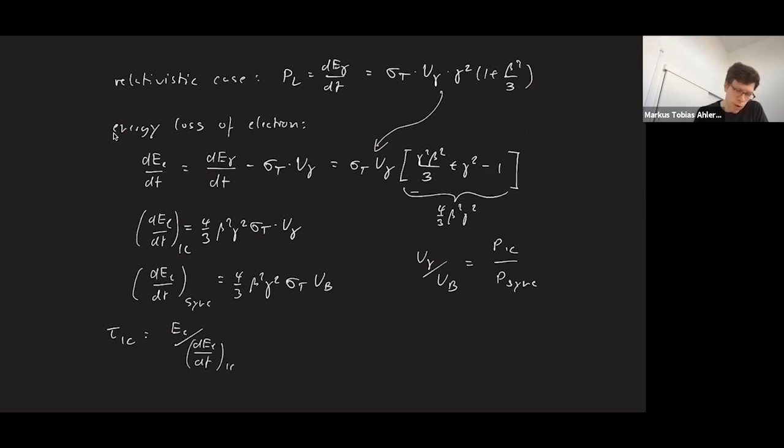Now in the case of inverse Compton, I can express this quantity in the following way: 10 to the power 15 seconds for a background radiation of the order of 1 electron volt per cubic centimeter to the power -1. And then this also scales like the inverse of the electron energy. And this quantity is normalized to 10 giga-electron volt.